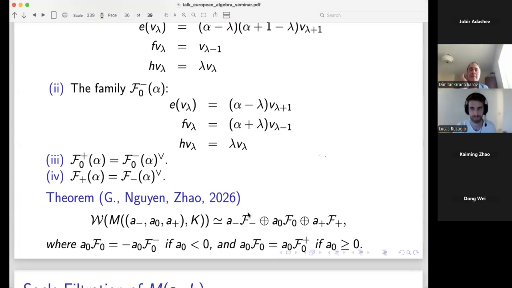Yes, that is correct. Generally, say our modules, say the rank is two. That means the weight multiplicity is two. Then it's always non-simple. The weight module is always non-simple, because the simple weight modules are always multiplicity one. Yes, that is correct.